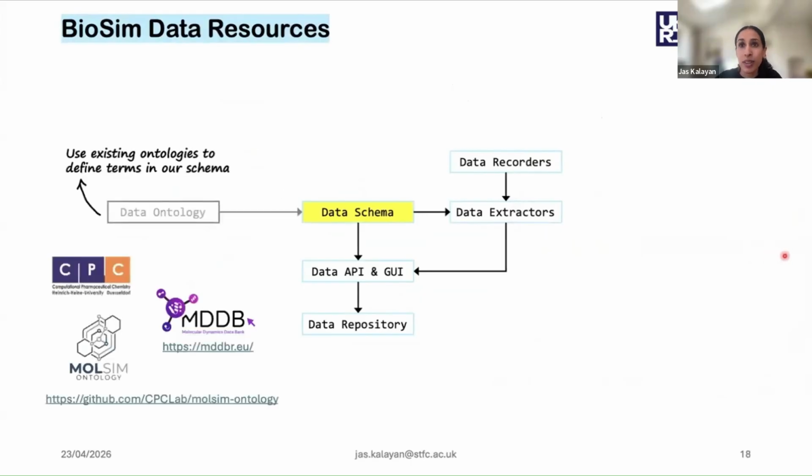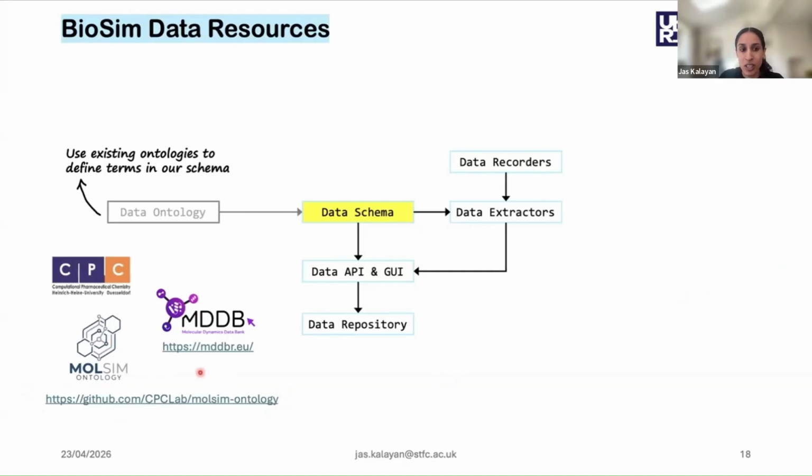In developing this schema, where we can, we will use existing ontologies to define the terms that we use in our schema. The problem is that for biomolecular simulation, we don't really have any ontologies out there already. One cool thing is the MolSim ontology, where a group at the University of Düsseldorf are developing an ontology for molecular simulation.